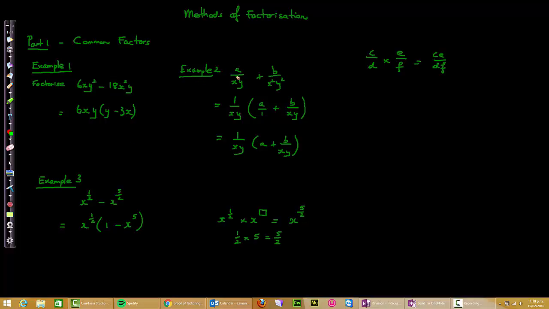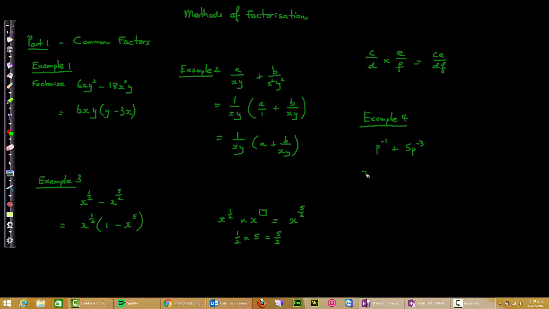And let's do one last example, and we'll fit that over here. Example 4. What do we do when we've got some negative powers? What about if we had p to the power of -1 plus 5p to the power of -3?